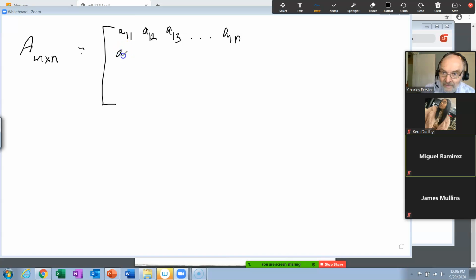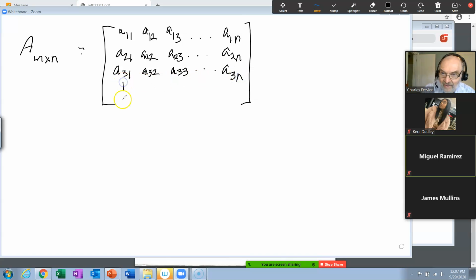Then the second row would be A sub 2, 1, A sub 2, 2, A sub 2, 3, dot, dot, dot, up to A sub 2, n. Third row would be A sub 3, 1, A sub 3, 2, A sub 3, 3, dot, dot, dot, up to A sub 3, n.